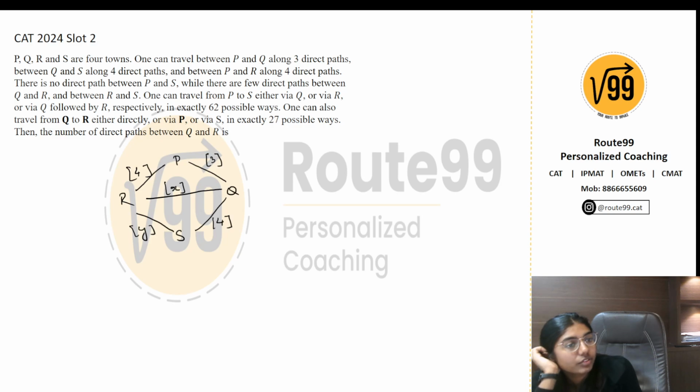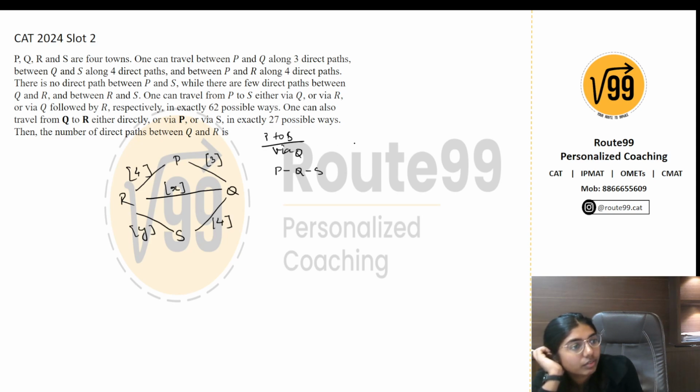One can travel from P to S either via Q. So what will that path be? PQS.